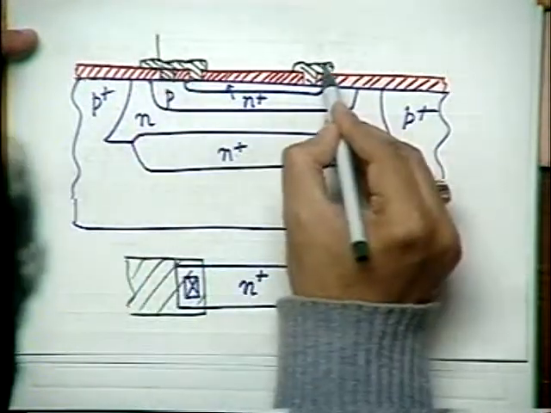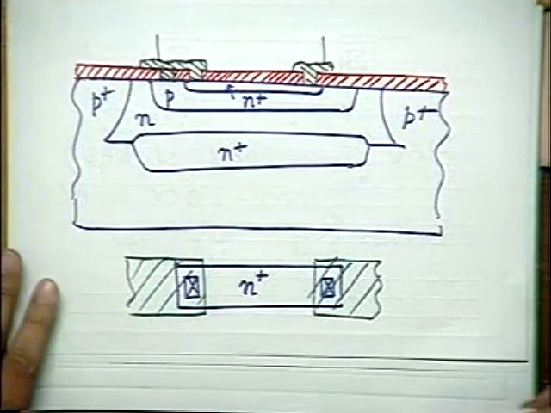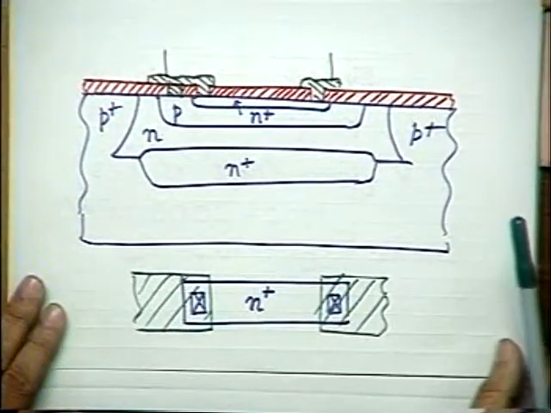This is one terminal, this is the other terminal. I think you understand this. You appreciate it. If you don't do this, you are in trouble. You have to do it.